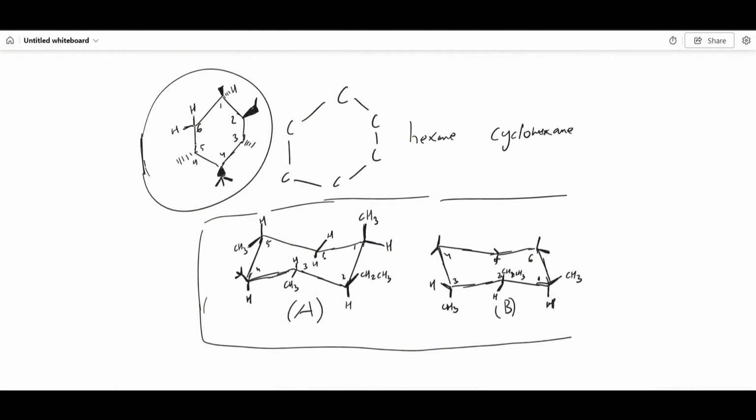Carbon 4, you'll have a tert-butyl now on an axial position and hydrogen on equatorial. And then on carbon 5, you'll have CH3 on axial, equatorial being hydrogen, hydrogen, hydrogen on carbon 6.